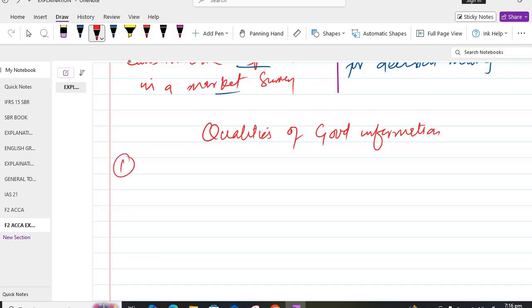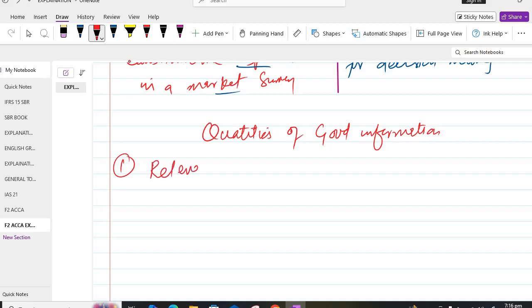Good information has qualities which are mandatory for the information to be more useful and more meaningful. The first one, the information should be relevant.